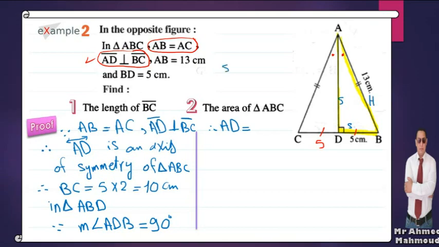The side equals the square root of hypotenuse power of 2 minus side power of 2.